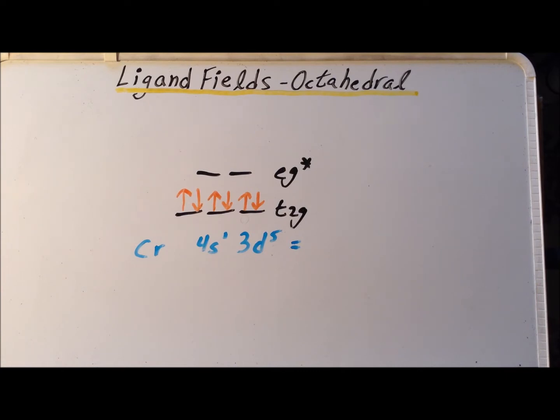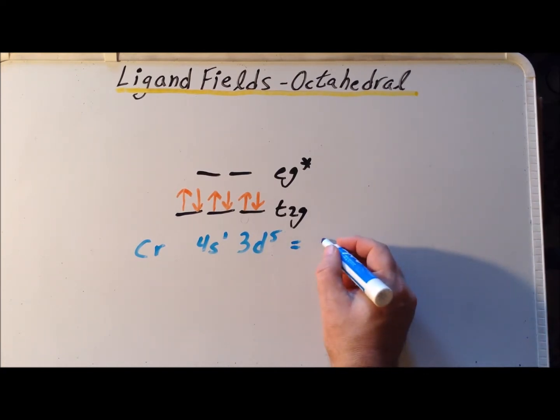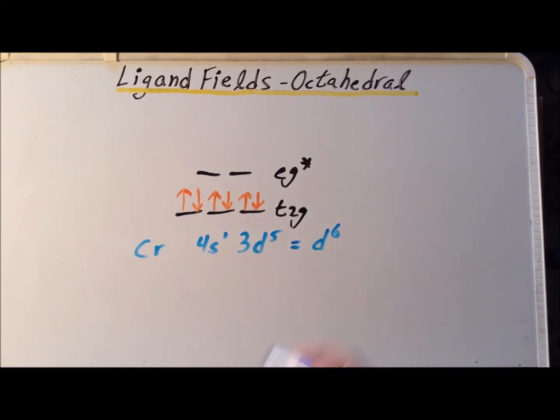In addition to that, a step that many students may find confusing at first is that in inorganic chemistry, we tend to count the 4s electrons and the 3d electrons as if they were all d electrons. So in this case, we would refer to a chromium neutral as a d6 metal. Now I realize that if you look at the electron configuration for neutral chromium when it's not in a compound, there are only 5 d electrons.